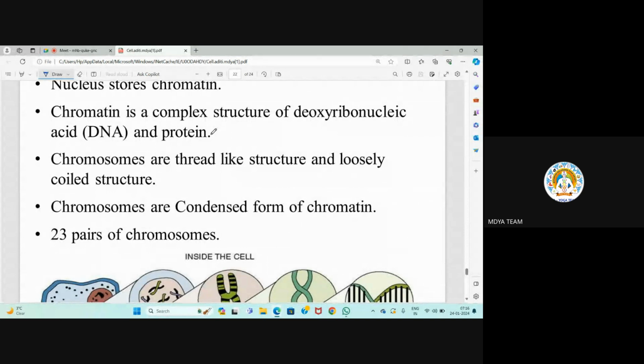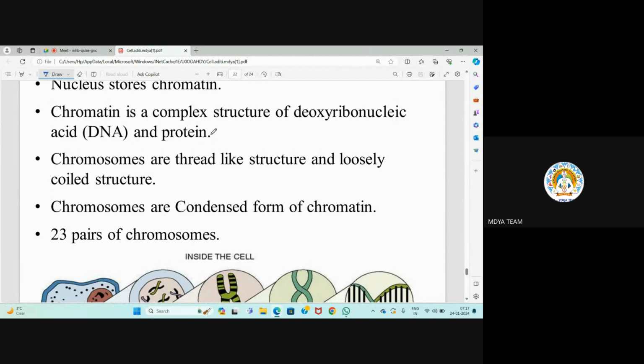So, what did you understand? Chromatin is present inside the nucleus, a thread-like structure we can see in the picture, containing DNA, deoxyribonucleic acid, and protein.